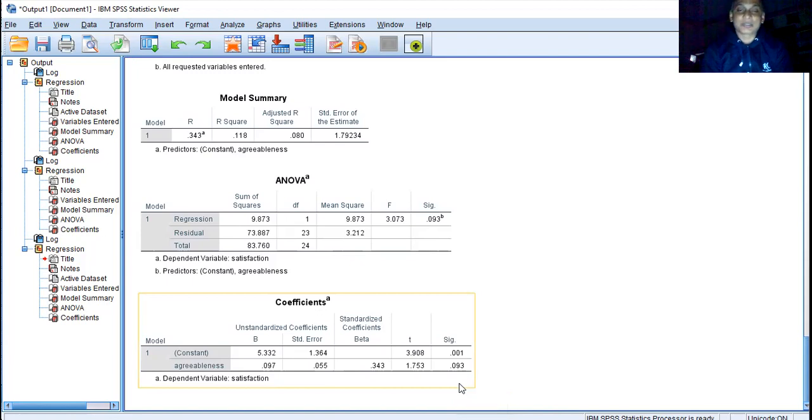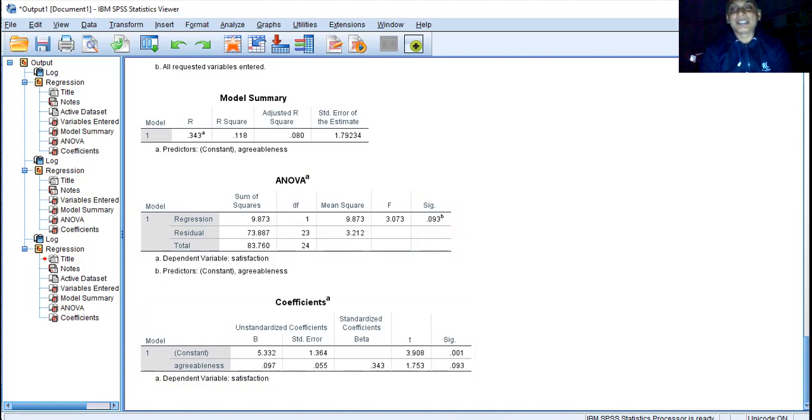I told you earlier also that the value of t, significance of t and significance of ANOVA will always be the same. So it is 0.093. Now coming to the C part of the question, when we are to talk about the analysis: is a predictor variable, that is the independent variable, able to predict the criterion or the dependent variable?